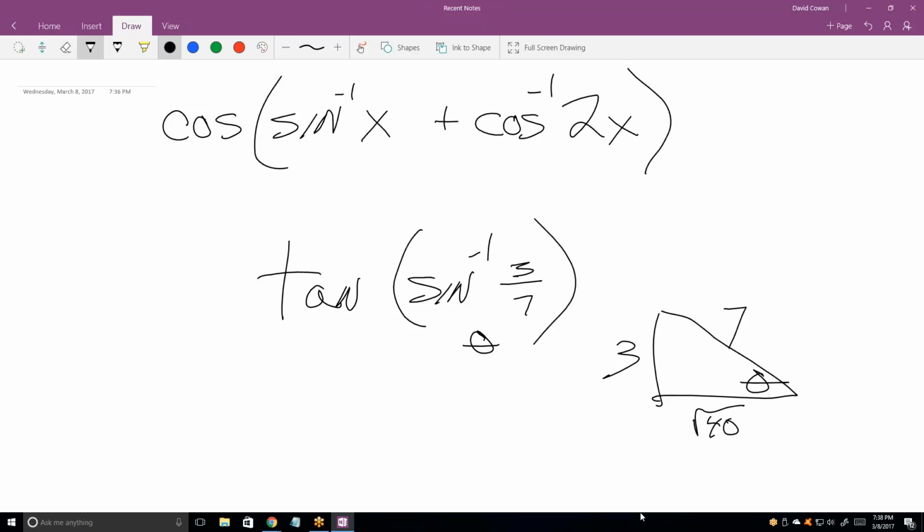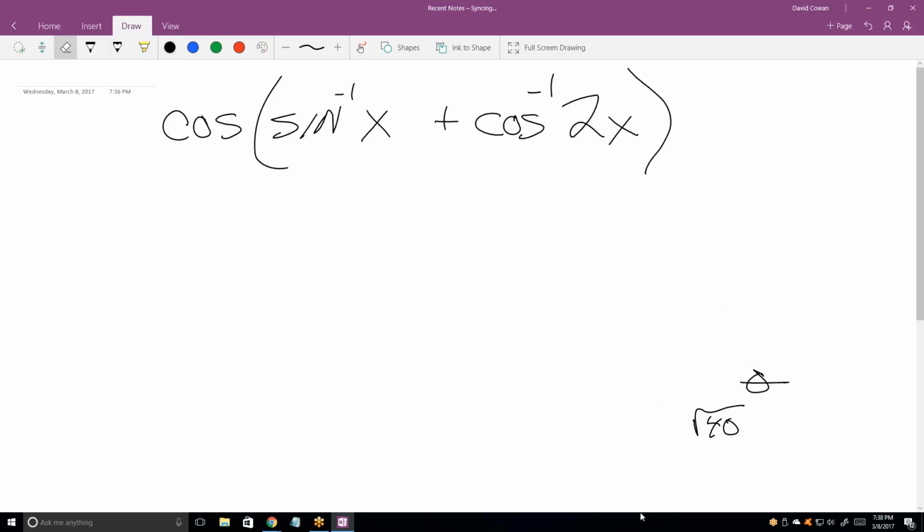Going to use a similar strategy for this problem. And the strategy is, well, that's one angle. This is a different angle. So let's call that delta? Not delta. I'm not sure what Greek. Believe it or not, I'm a math tutor for 8 years, and I still don't know the Greek alphabet very well.